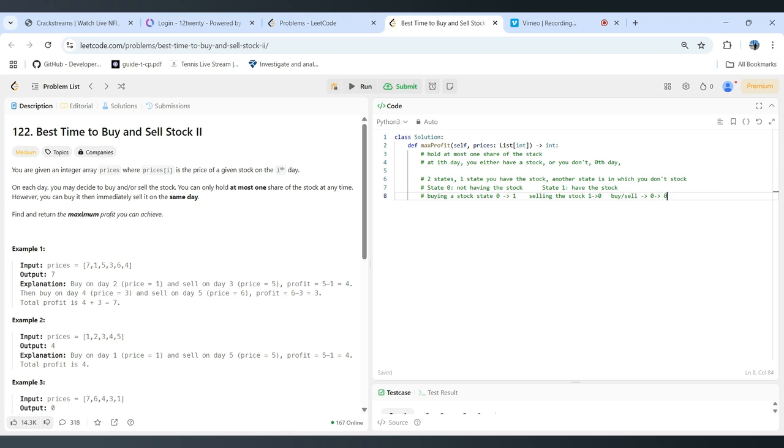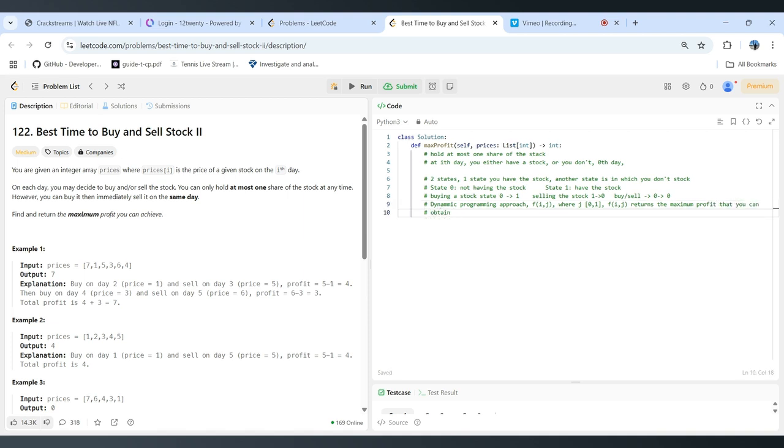So since we have two possible states and an array of prices, what immediately jumps to mind is a dynamic programming approach, where we define some function f(i, j), where j is in the range from 0 to 1, and f(i, j) returns the maximum profit that you can obtain ending at the ith day, where j represents whether or not you have the stock.